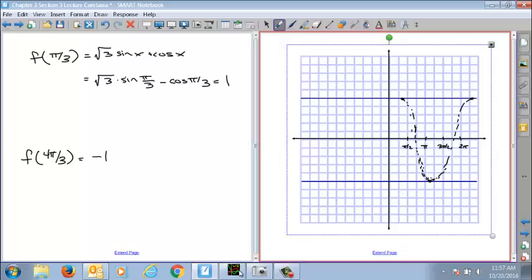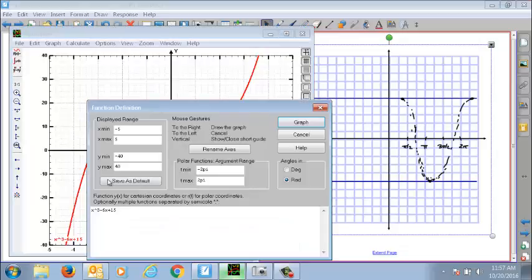So let's go ahead and plot that thing. Square root of 3 times the sine of x plus cosine of x. And we want to go from negative 2 times pi to plus 2 times pi, and we go from negative 2 to plus 2.